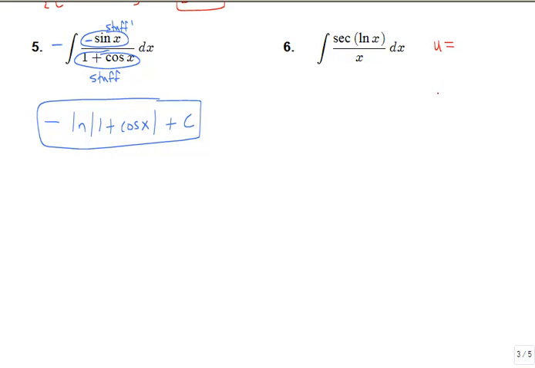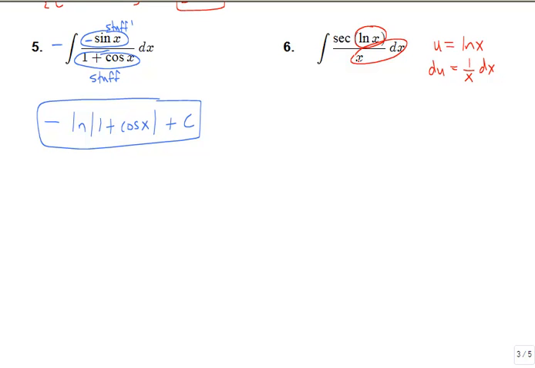Some things to think about. Is there an inner function that would make a good choice for u? Is there a function that I could let u be so that its derivative is also present in the integral? And I have the same answer to both of those possibilities. Here is a good inner function. And if you took the derivative of that, the derivative of ln of x is 1 over x dx, and that is exactly what I have right here.